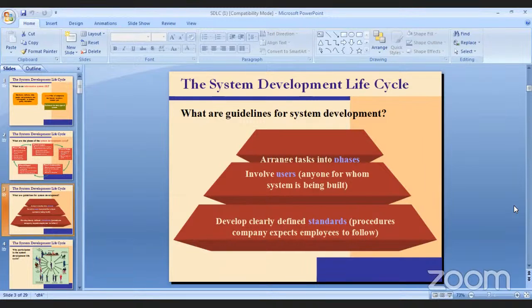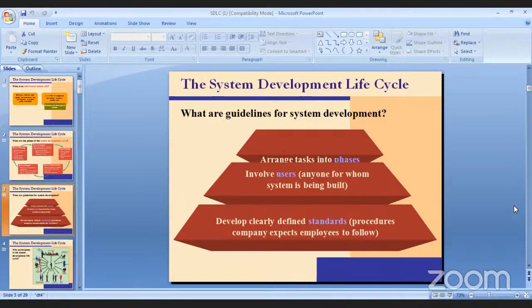Suppose X company is developing a system for Y, then X should interact with Y continuously. Involve the user so that the user can give feedback or access the system at fixed intervals of time. Then develop clearly defined standards.